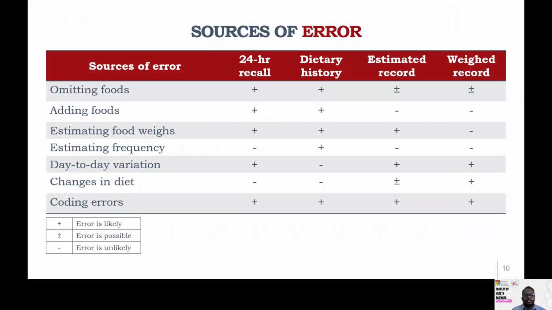So this table summarizes the sources of error with the important dietary assessment methods. We have 24-hour diet recall, diet history, estimated record, and weighed record. And we can also see that different types of methods have different sources of error. Example here is for dietary history.